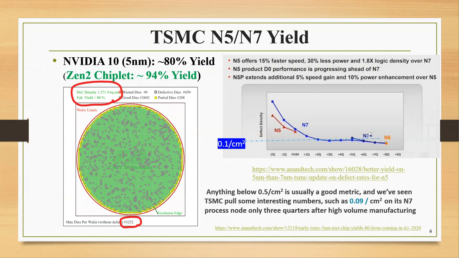If you look at the right-hand side, this is the report that came out on the analysis, saying their defect number is very low, and that is beyond world class. If you have a defect number like 0.5 per centimeter squared, that's a very good metric.